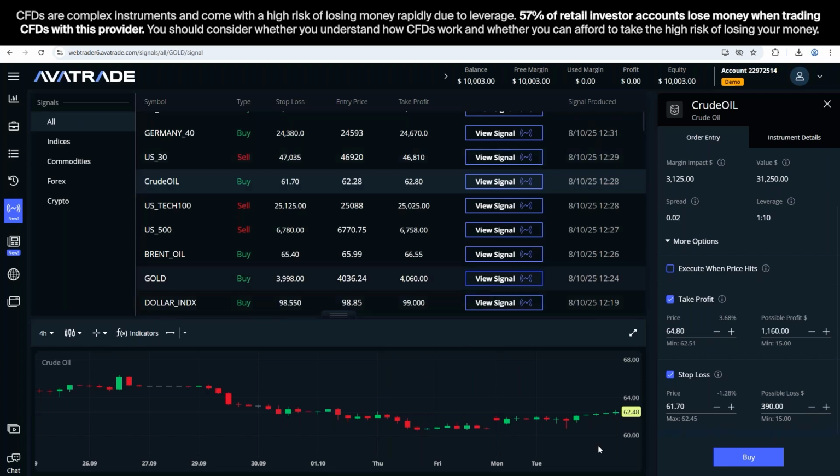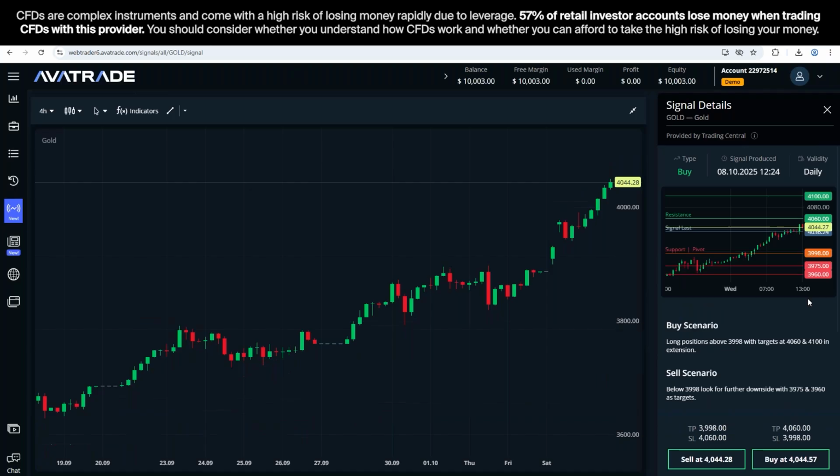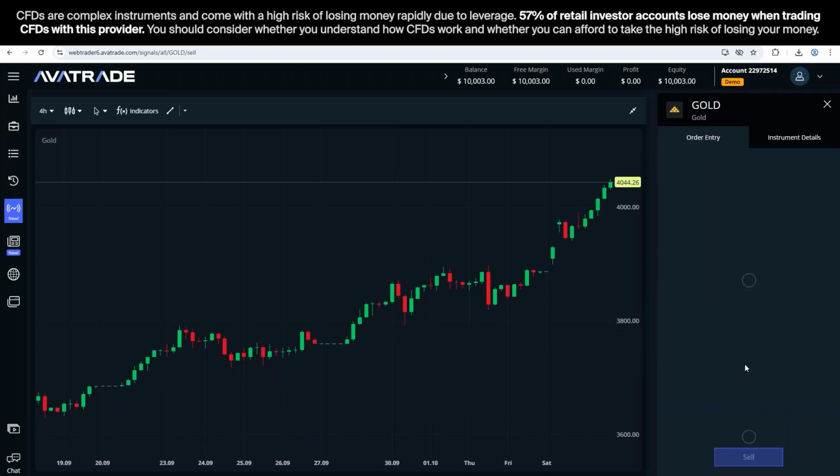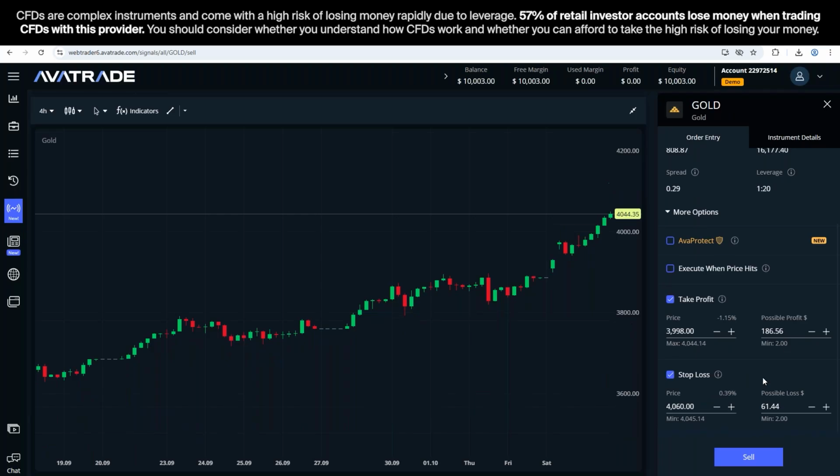But if I'll take gold, again, another example, click here on the arrows. This time we'll go with the sell against the recommendation, and we are good to go. As you can see, I haven't done any of that, and this is set for me to happen automatically. I can click here sell.